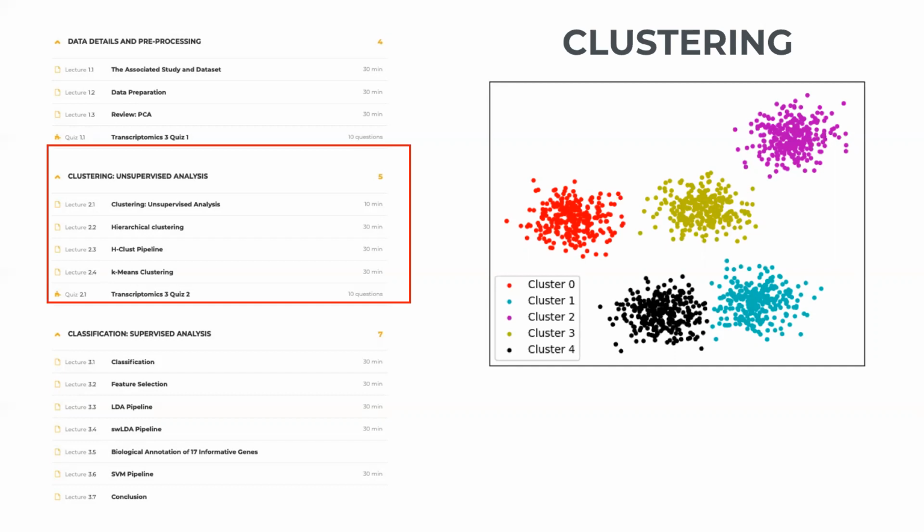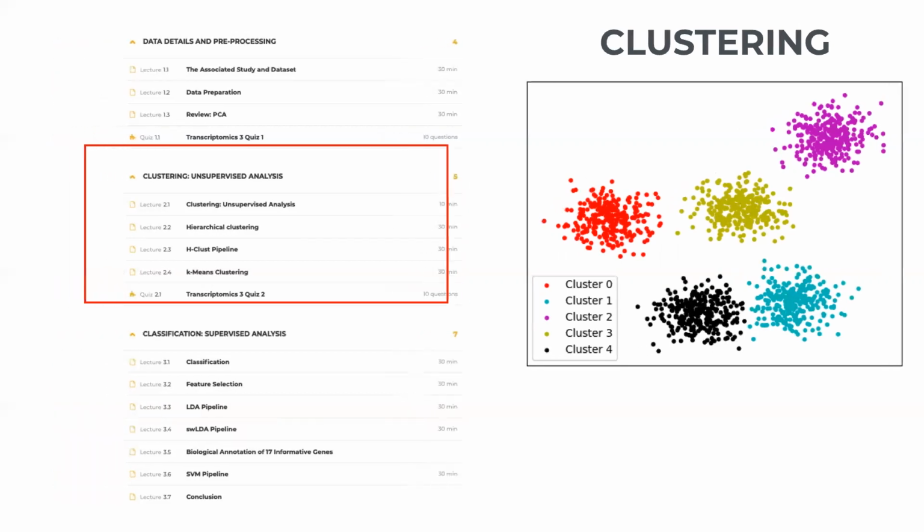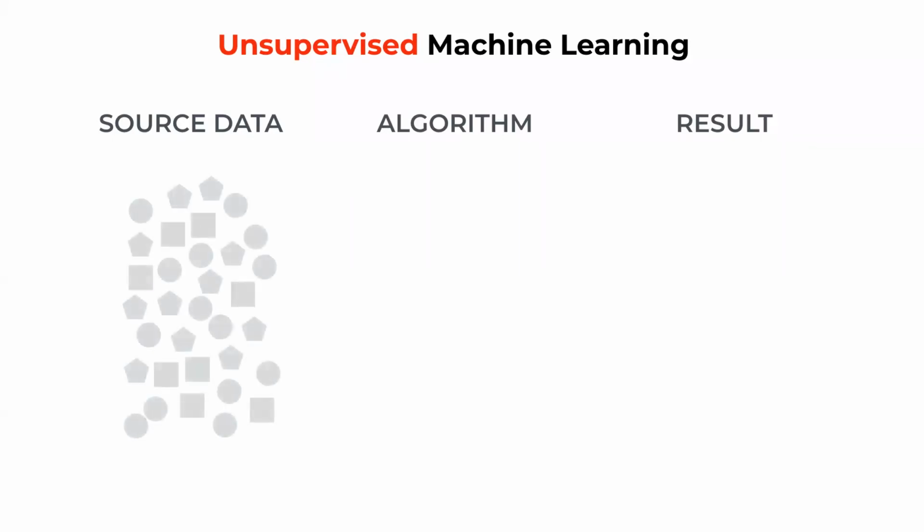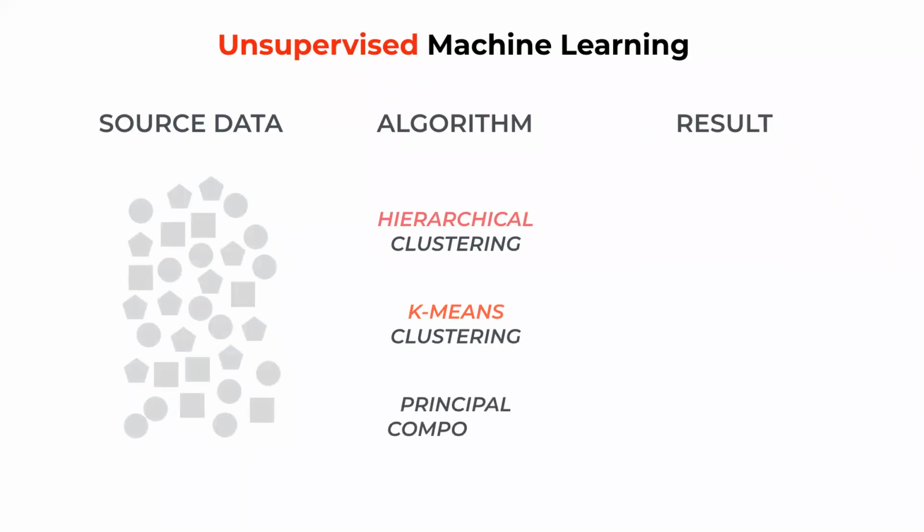All right, so let's go ahead and move on to unsupervised machine learning. Remember that with unsupervised machine learning methods, we start with a data set, and typically this is a table of elements, such as these shapes. We can use a clustering method, for example, hierarchical clustering, which is a method that seeks to identify groups based on their similarities.